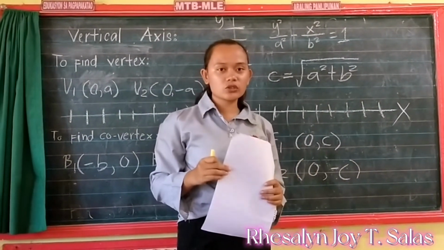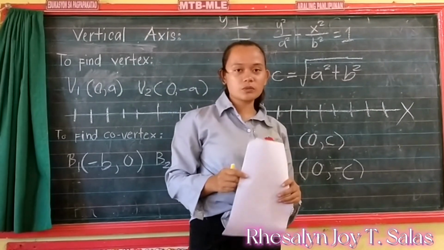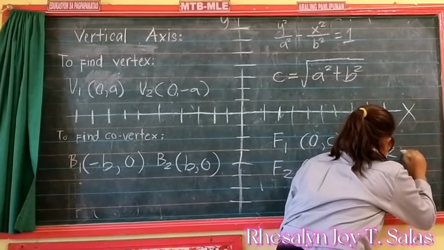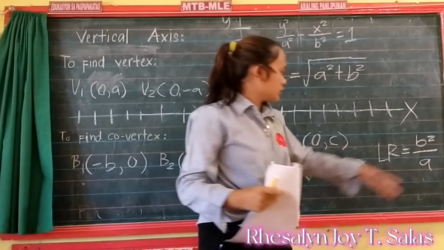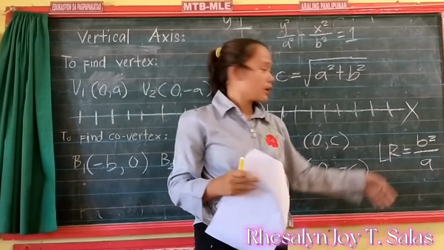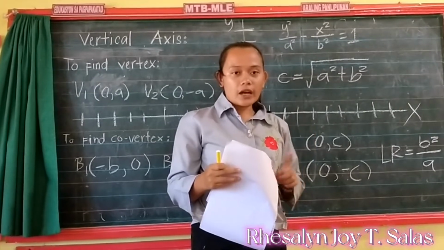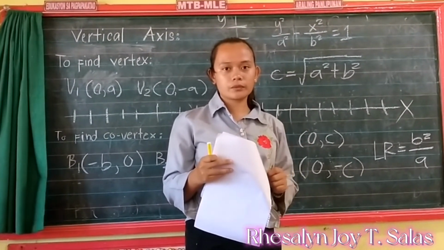Then, we find the latus rectum. To get the latus rectum, the equation is LR equals b squared over a. Once we have its value, we locate LR1, LR2, LR3, and LR4.